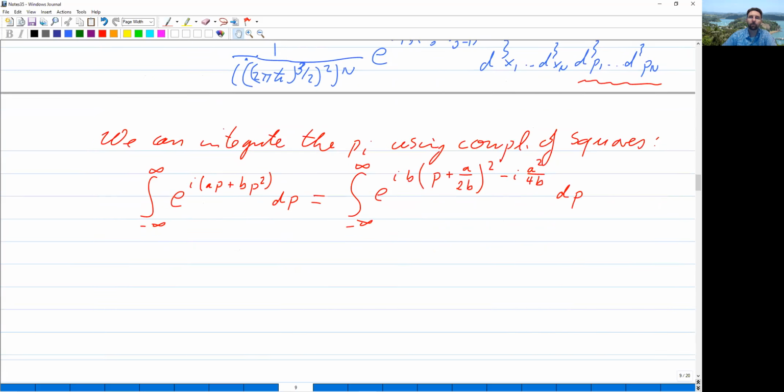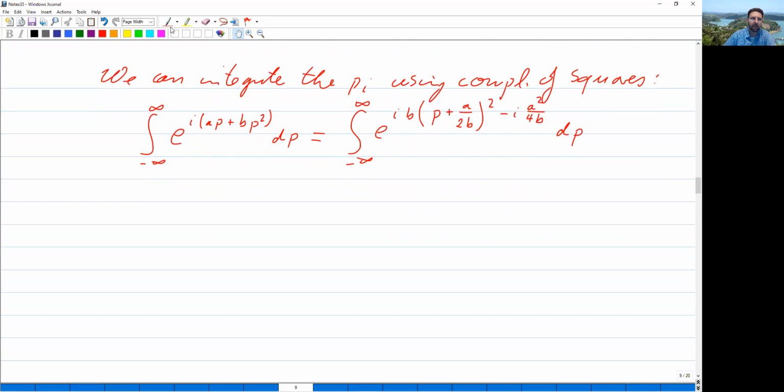It's just a reformulation, right? We didn't really perform an integral yet. And now we see that this doesn't depend on p.